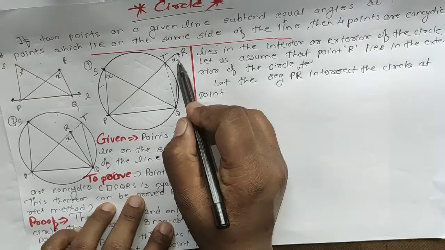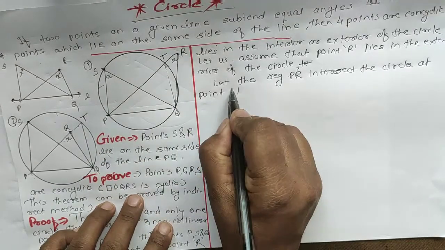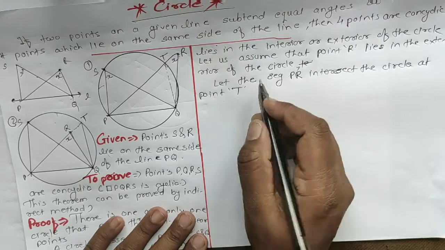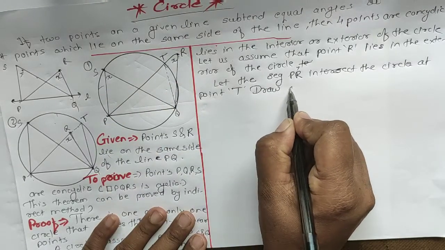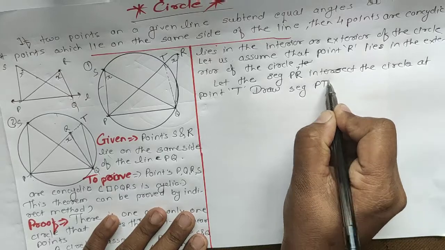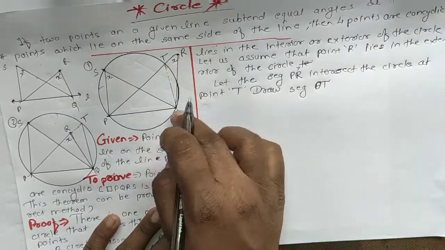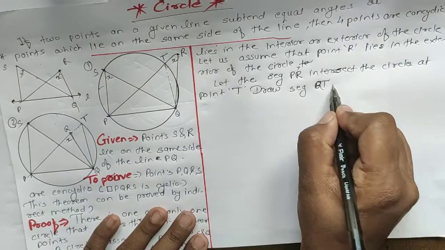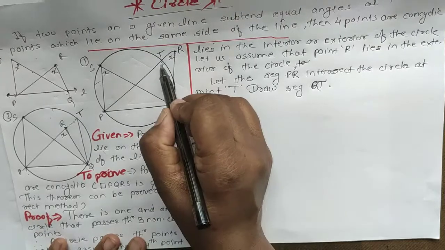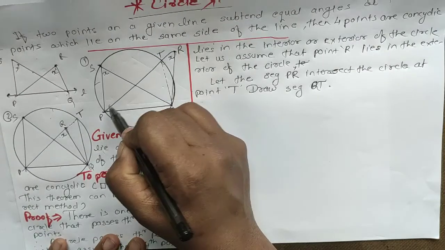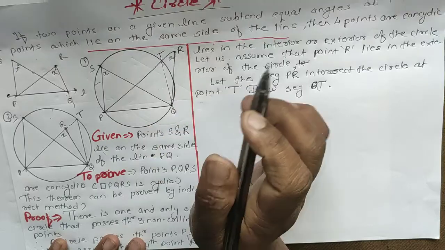This intersects at point T, and draw segment QT. We had drawn this QT here already. So PR is there, it intersects the circle at T.